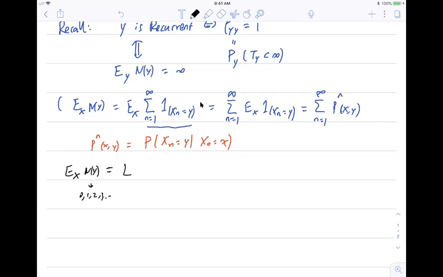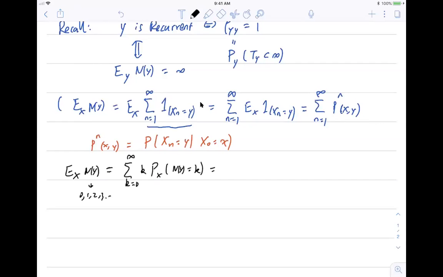If we just compute, what's this, right? We just sum up k times the probability, starting from x, that N(y) equals k, and we sum up from 0 to infinity.